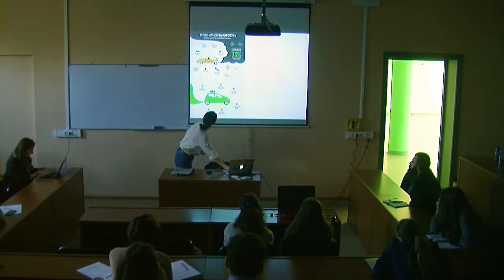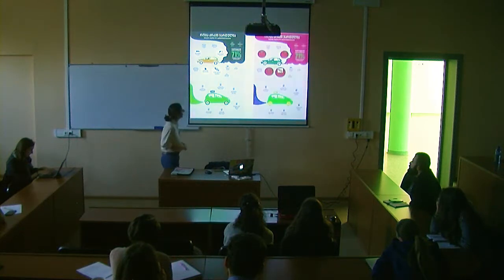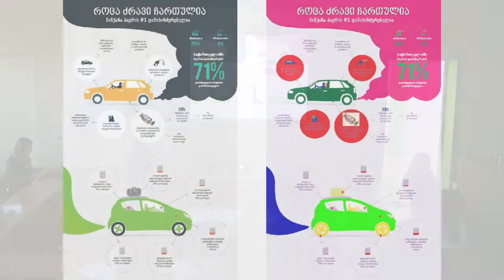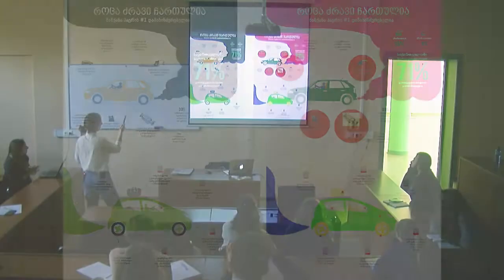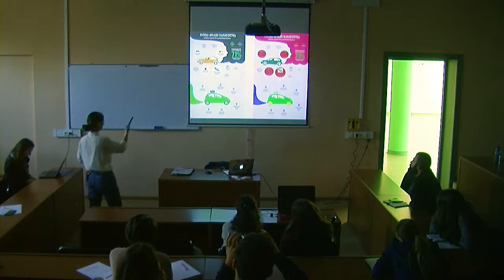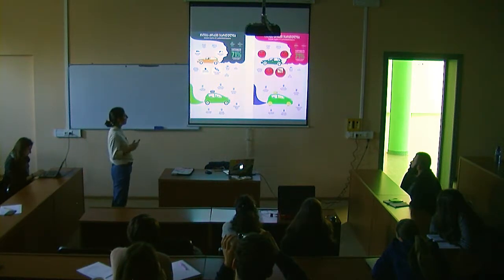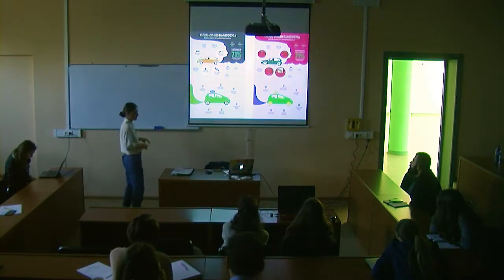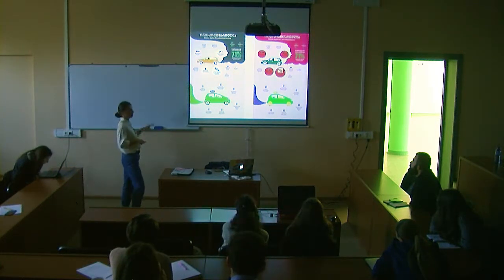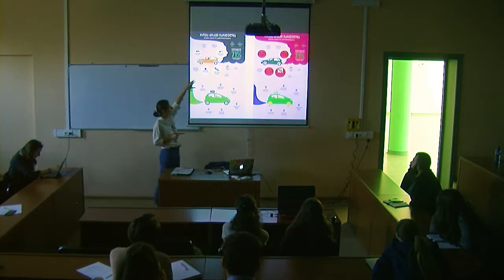And I want to show you a really funny example of this, but with not correct colors, I would say. When you see this first infographic, you don't need to read somewhere that it's eco car and this exhaust is not really good. Another information also creates these messages.